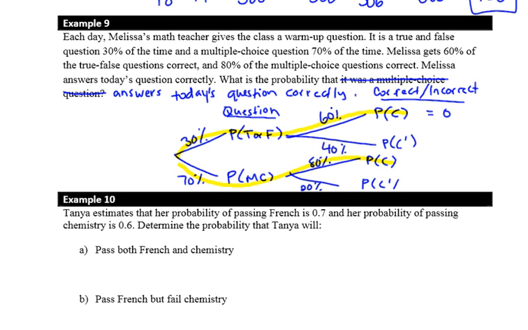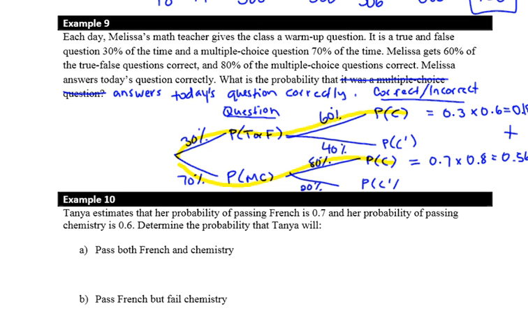I'm going to make them a decimal. So this would be 0.3 times 0.6, which is 0.18. This one would be 0.7 times 0.8, which is 0.56. So what percent will get it correct? What do we do with these answers?